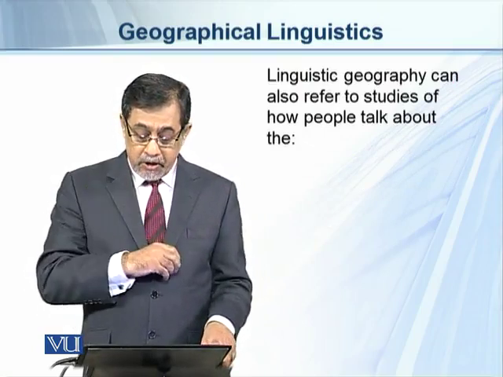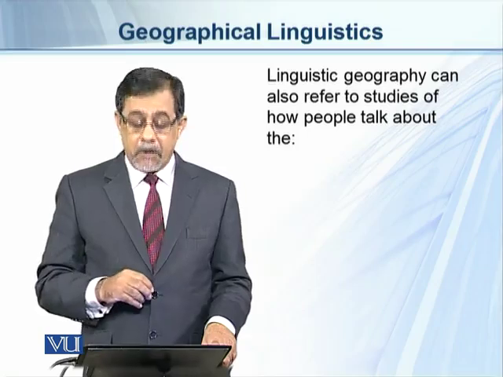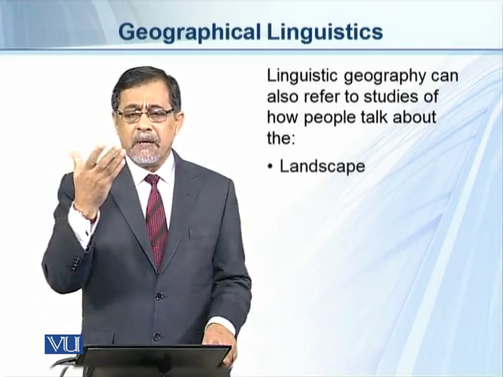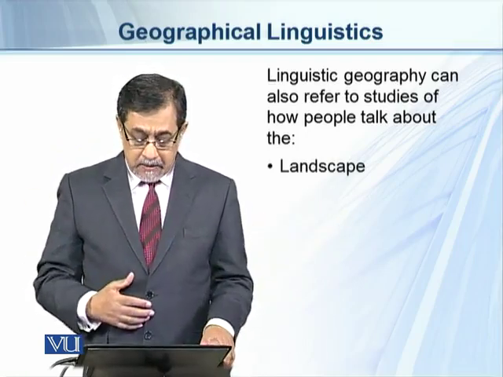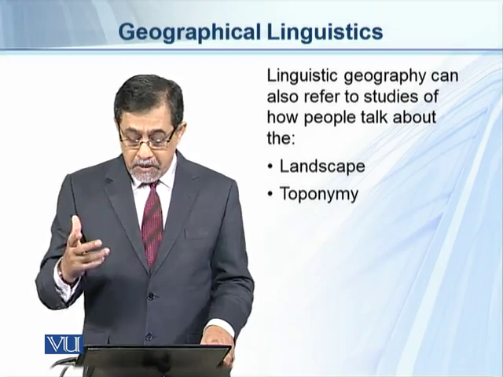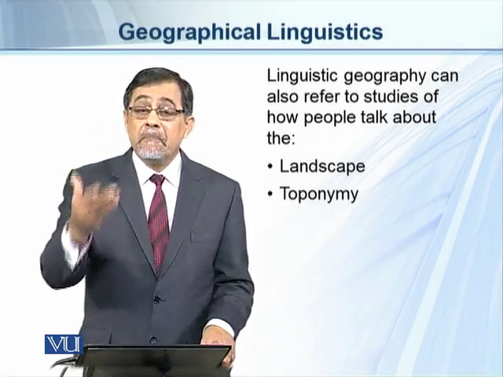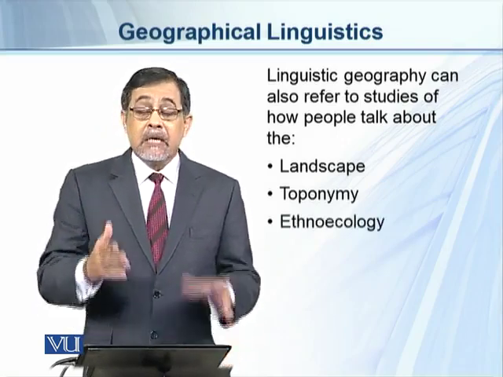Linguistic geography can also refer to studies of how people talk about the landscape, how people talk about the physical features where they are, and toponymy, how people name different places where they live, and ethnoecology.